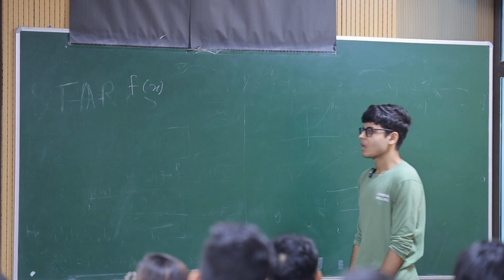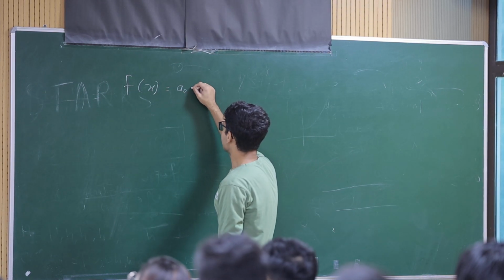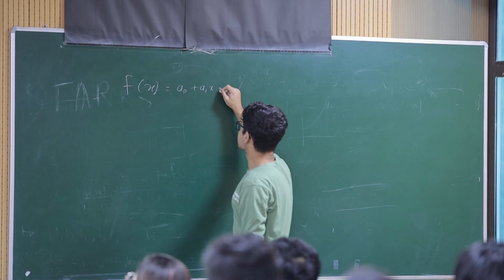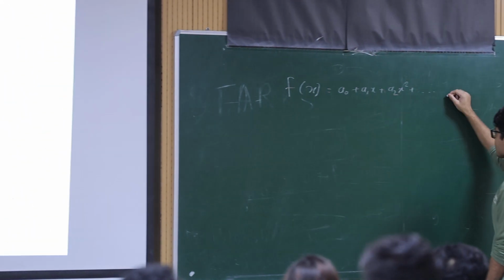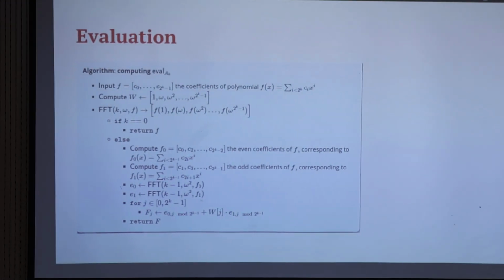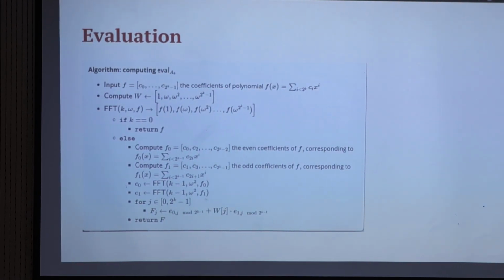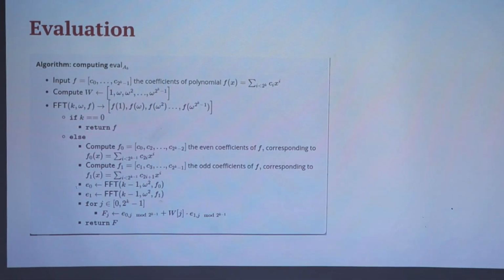This is the pseudocode. So the polynomial is a0 plus a1x plus a2x squared, so on, up till an xn. And what I'll do first is I'll divide this polynomial into odd and even parts.